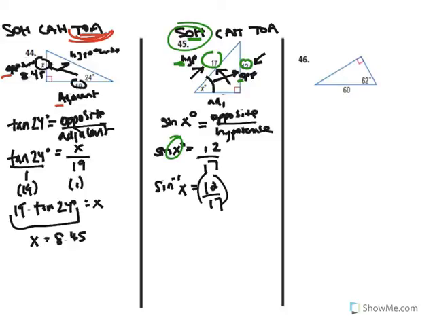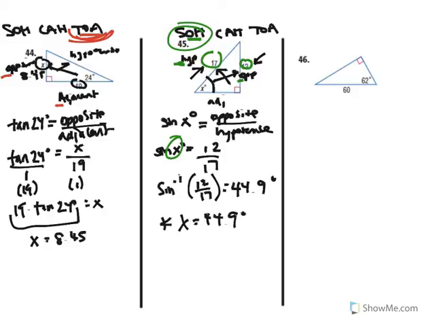Put this part here in your calculator, and you'll get your answer, which is 44.9 degrees. So angle x equals 44.9 degrees.